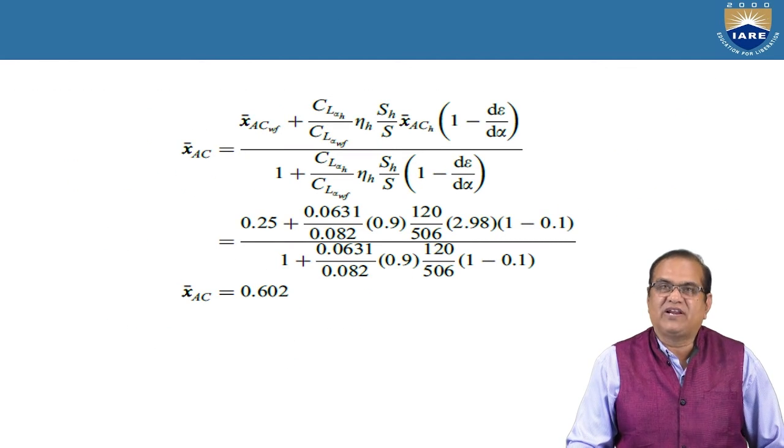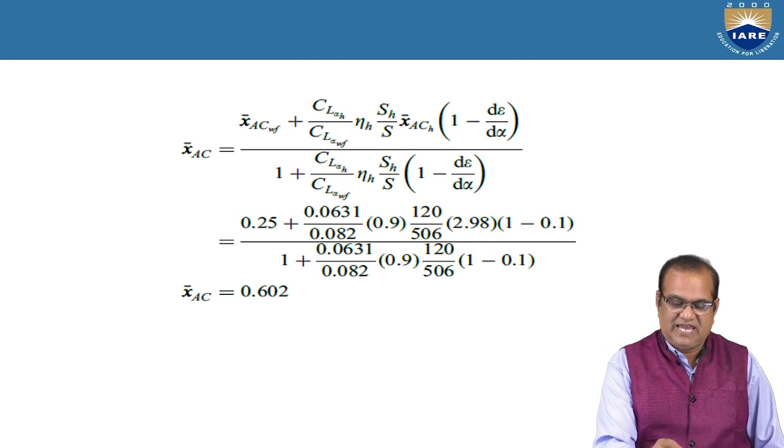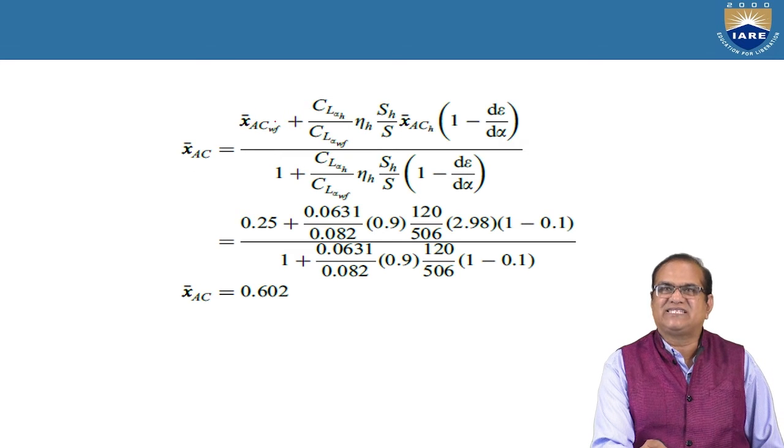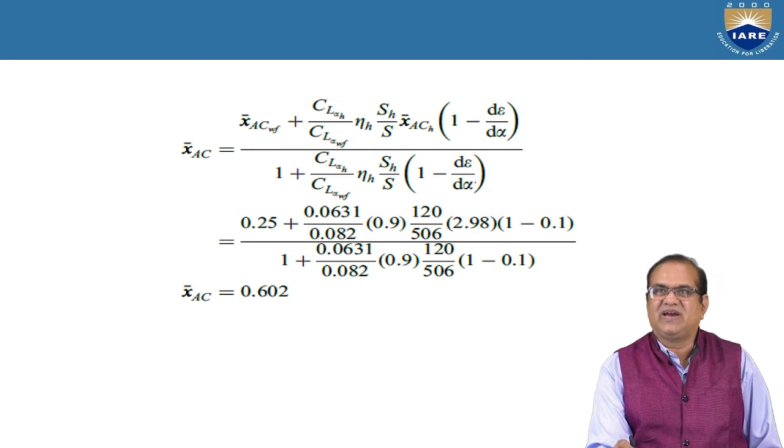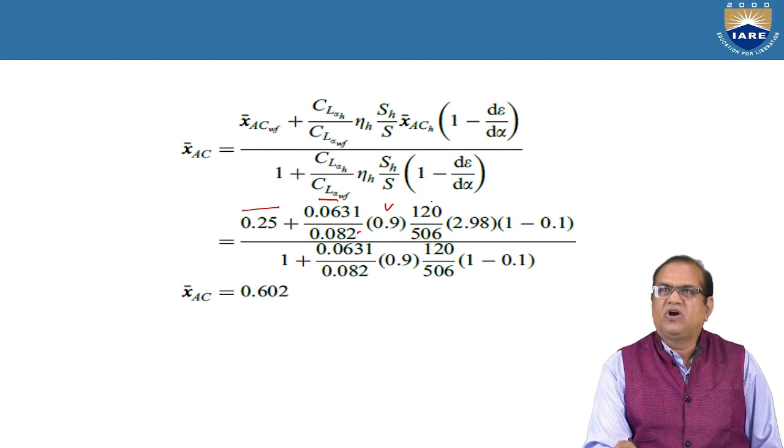Now we have to find the location of the aerodynamic center. So this aerodynamic center is equal to X bar AC wing fuselage plus CL alpha H over CL alpha wing fuselage, eta H, SH by S, X bar ACH, 1 minus d epsilon by d alpha, divided by 1 plus CL alpha H over CL alpha wing fuselage, eta H, SH by S, 1 minus d epsilon by d alpha. We know all the parameters.